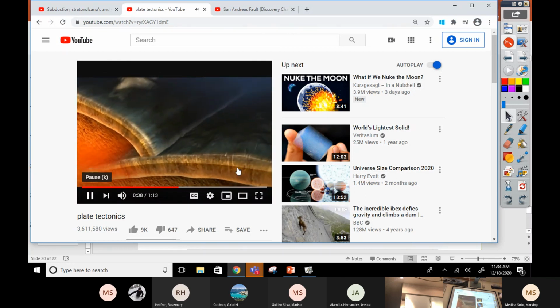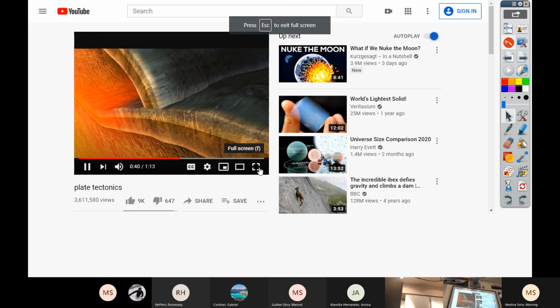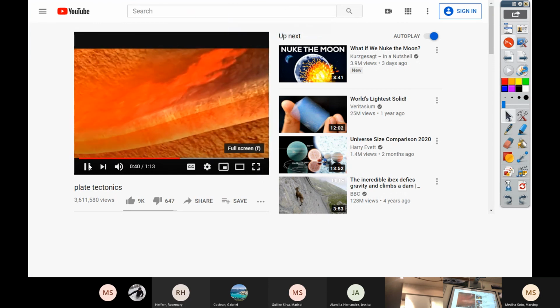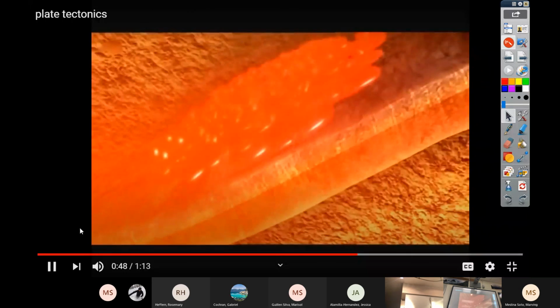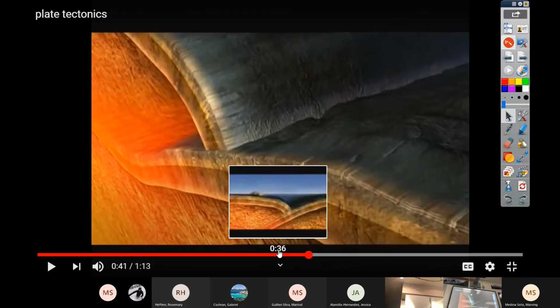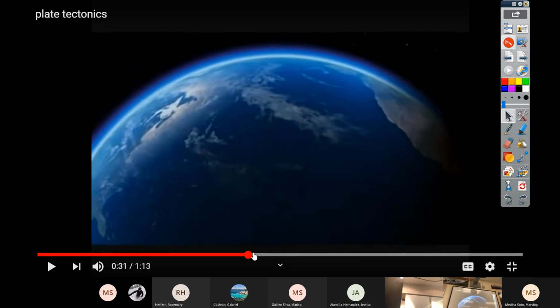Nice view of a mid-ocean ridge. Maybe Noah, you asked earlier about the Rift Valley. Excuse me, I didn't mean to say mid-ocean ridge. This is a nice view of a Rift Valley here. And Noah, you were asking about how it's formed and the plates touching and stuff.